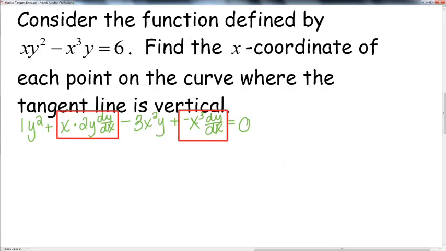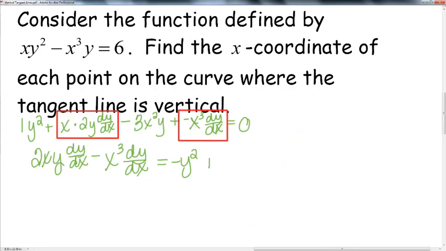And I'm going to move everything else to the other side. So I now have 2xy dy dx minus x to the third dy dx is equal to negative y squared plus 3x squared y.